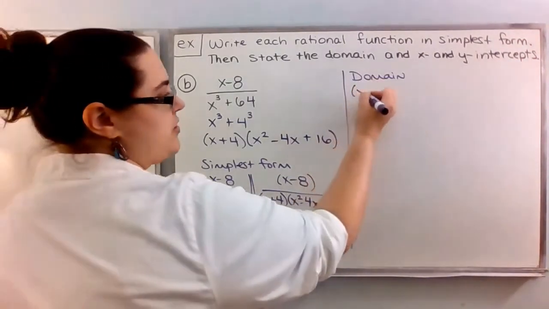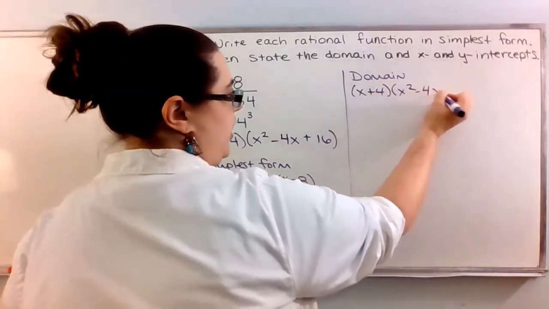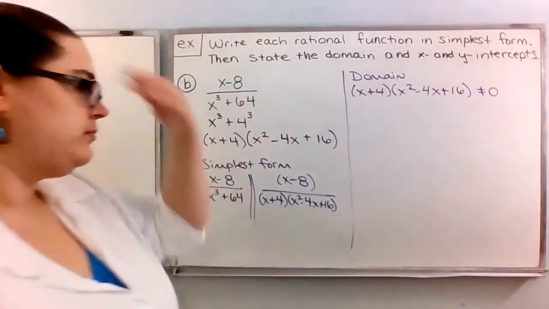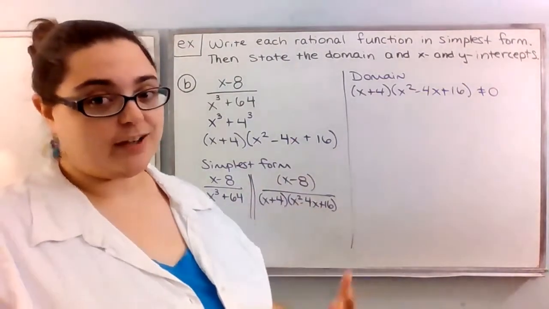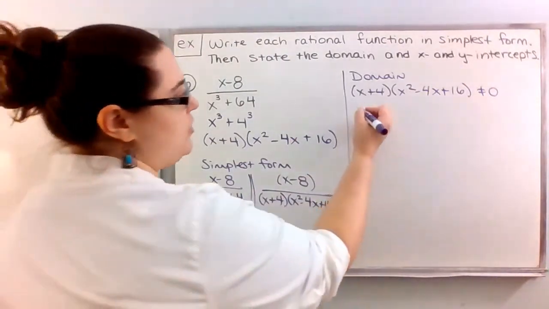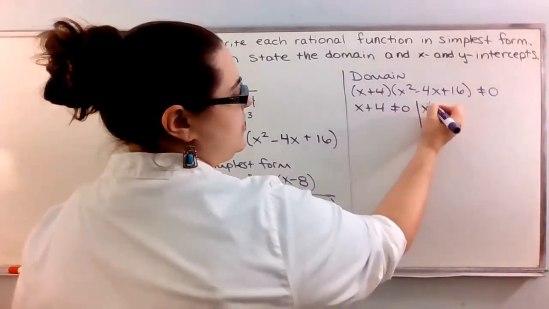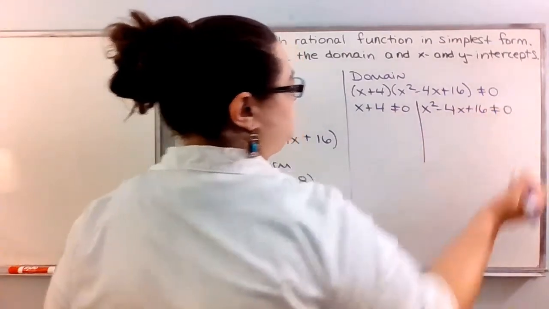So we have x plus 4 times x squared minus 4x plus 16 cannot equal 0. So since we're in factored form, we set each factor not equal to 0. So x plus 4 can't be 0, and x squared minus 4x plus 16 can't be 0.